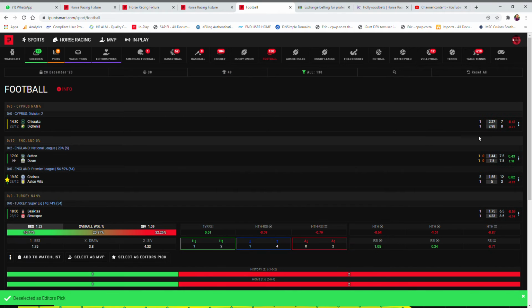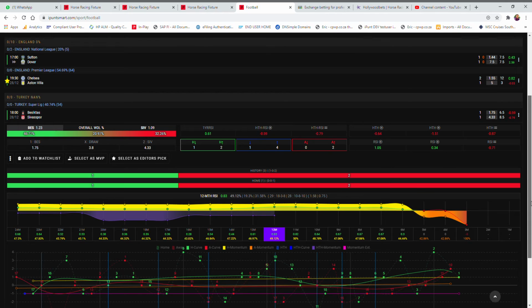Then we move over to Turkey, and again we have one of these interesting ones where the 3-month RSI is very much supportive of the away team Sivasspor at 4.33.